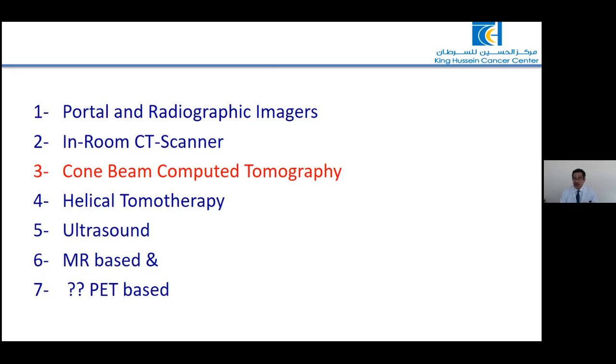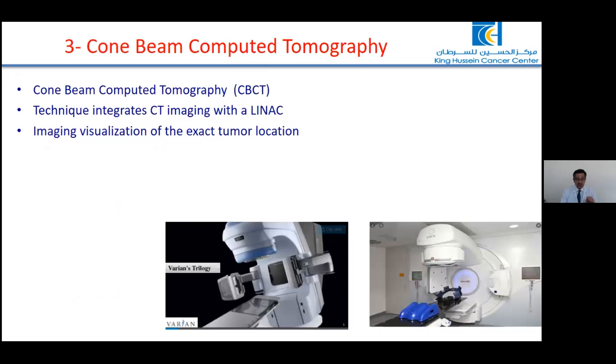Then we entered the era of the cone beam CT, which most departments of radiation oncology have, and most of the machines have now.